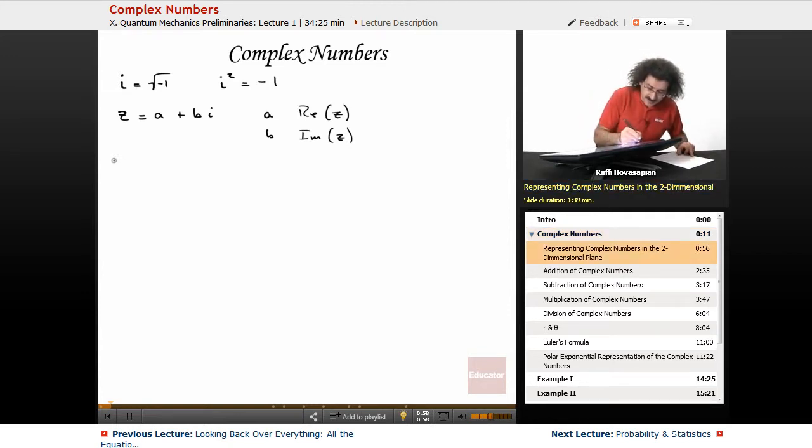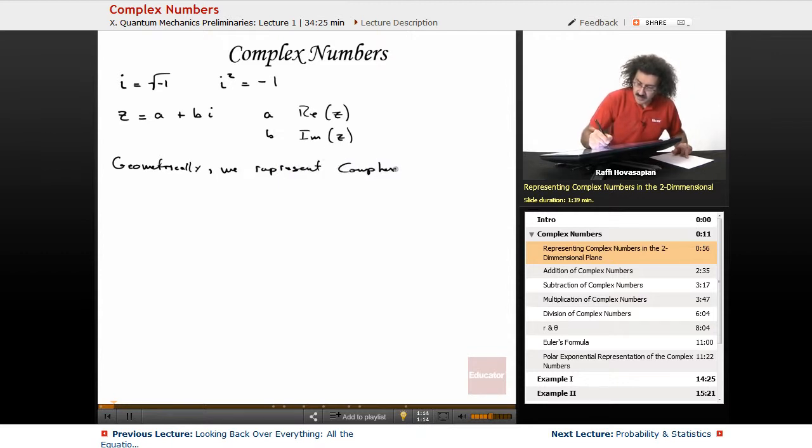Now, geometrically, we represent complex numbers in the two-dimensional plane, called the complex plane.